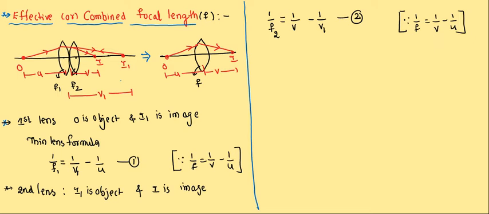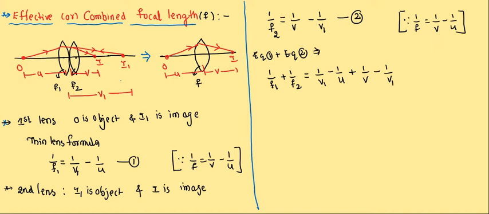What we wrote here: u is the object distance, the object is I1, so the object distance is v1 and the image distance is v. Then we can add equation 1 and equation 2. If we add both of them, the left sides we add and the right sides we add. The left side is 1 by f1 plus 1 by f2, and the right side is 1 by v1 minus 1 by u plus 1 by v minus 1 by v1.